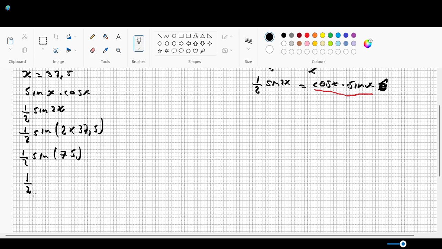So here's how you're going to do this one, by the way. How can we separate this using special angles? We can say sine 75 is the same as sine of 45 plus 30. Remember, these are special angles. 45 plus 30 is going to give you 75.